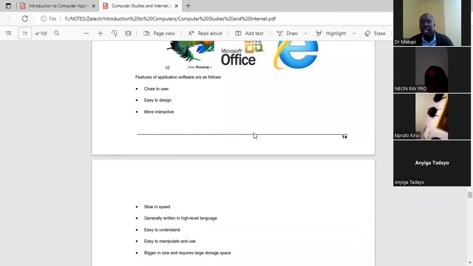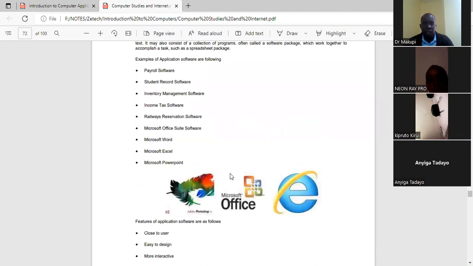We have also fourth generation languages, like the one which I use for databases. There is also fifth generation languages, which are used for purposes of artificial intelligence, AI, and expert systems. But my interest is in third generation, which is high-level language, the language which we normally use to write these application programs. So we can say that it is generally written in high-level language. I hope you understand the explanation.